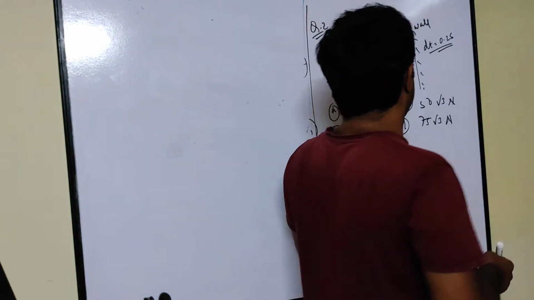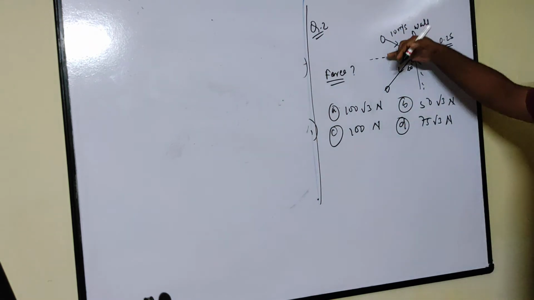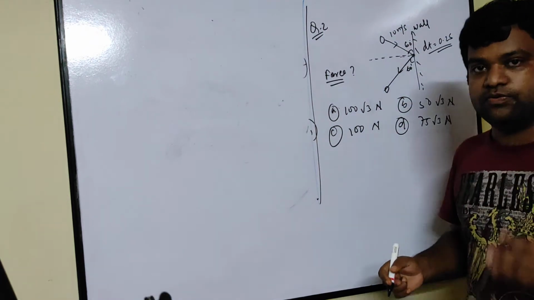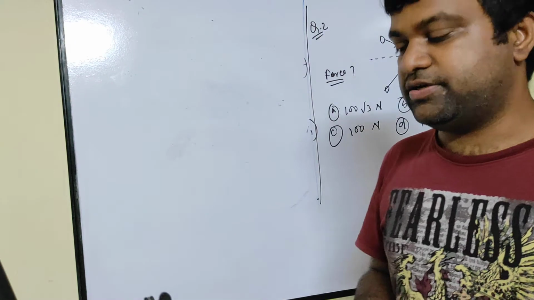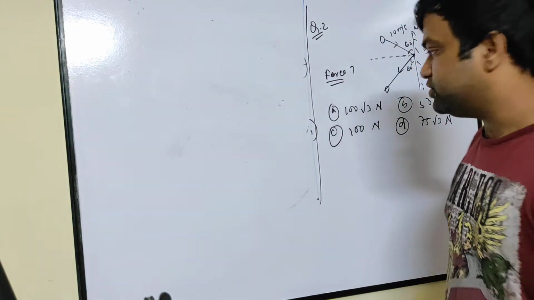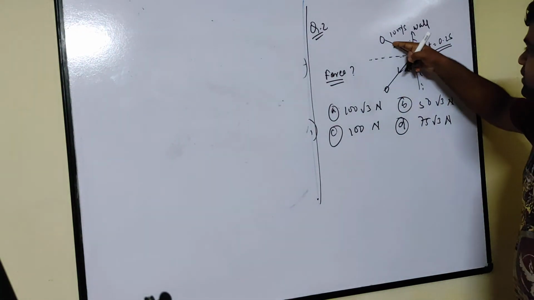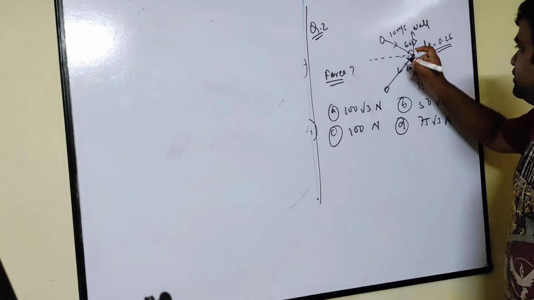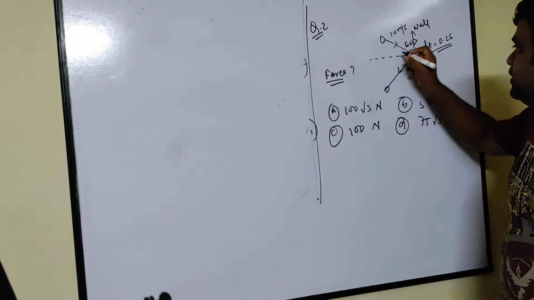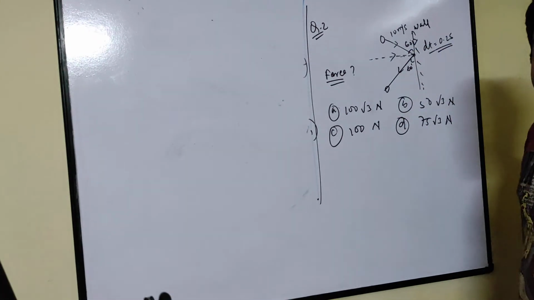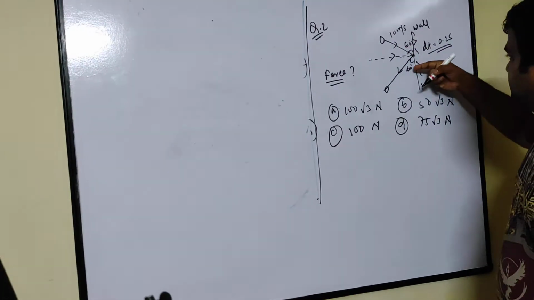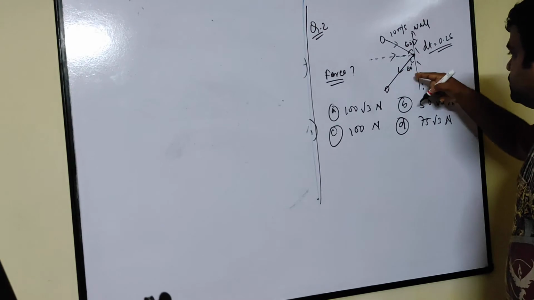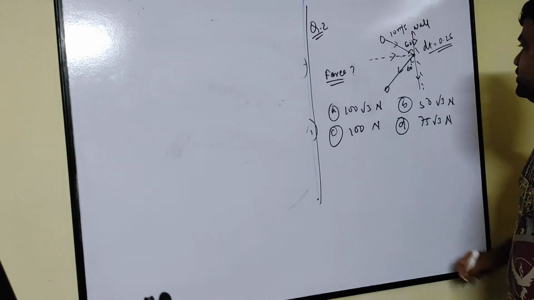We have to bring them onto the x and y axes, so that it will be easier for us to calculate. So this vector component will be in this direction, and it will also have one component along this direction. Another vector that you can see will have another vector component, this and this, right?